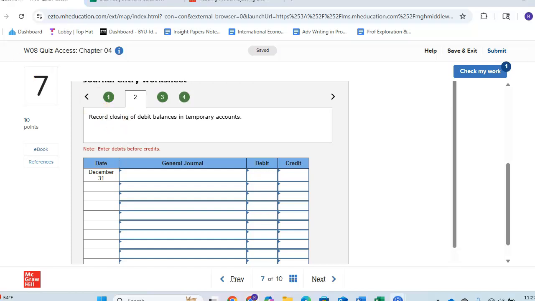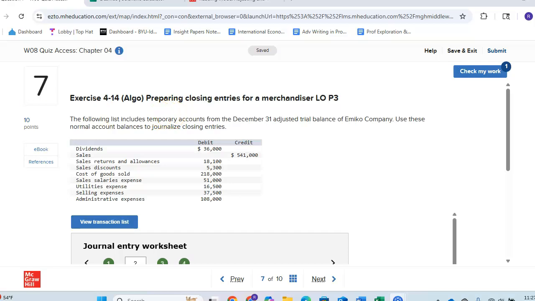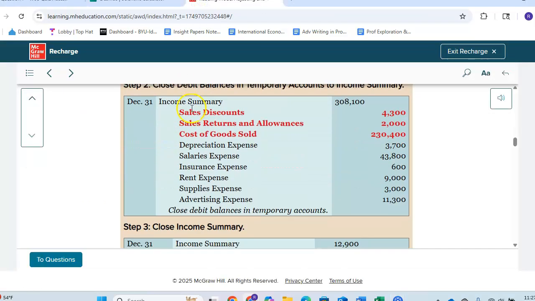Next, it wants us to record closing of debit balances. This one's a little more tedious, if I do say so myself. And for the debit balances, we're going to debit income summary, because like I said, we're doing the opposite. So to close debit balances, we're going to credit them.